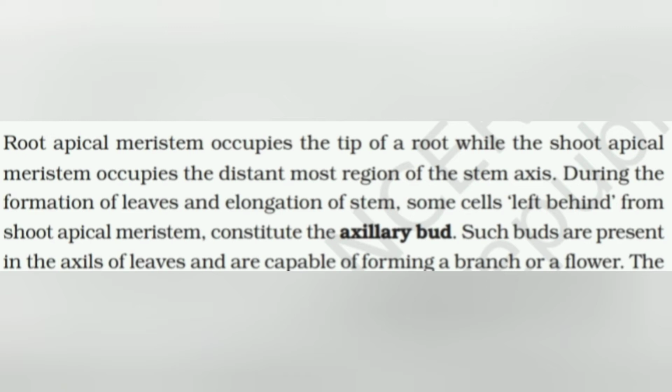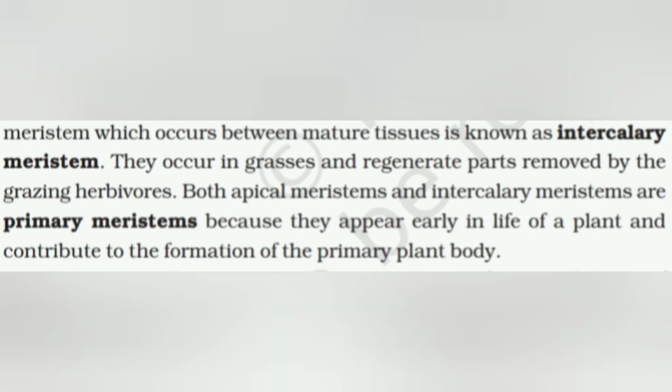During the formation of leaves and elongation of stem, some cells left behind from shoot apical meristem constitute the axillary bud. Such buds are present in the axil of leaves and are capable of forming a branch or a flower. The meristem which occurs between the mature tissues is known as intercalary meristem.